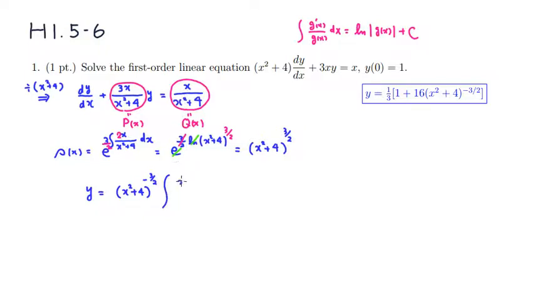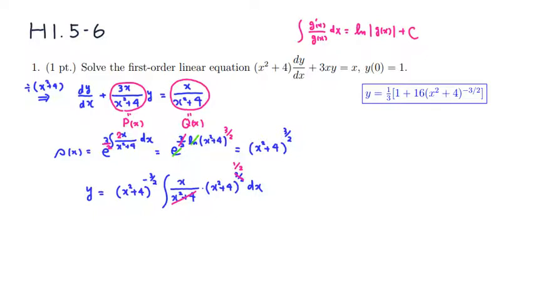Q of x is x over x squared plus 4, multiplied by rho, which is x squared plus 4 raised to the 3/2 power, with respect to x. Then we can cancel out x squared plus 4 here. This is 1, and it's 2/3, so you scratch that, and then I'm going to put the 1/2 because one of the factors cancels out. Then we just have to integrate that.